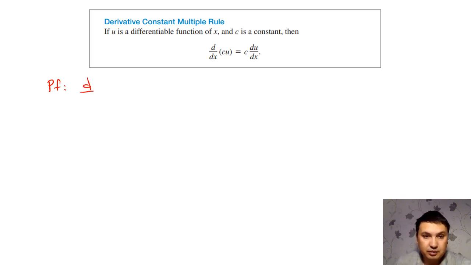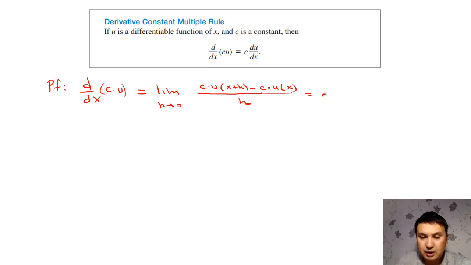So the derivative of c times u, where u is my function here and c is the constant, is by definition, as h goes to 0, c times u of x plus h minus c times u of x, divided by h. And as you can see, I can take out the c, so this becomes c times the limit as h goes to 0, by the property of the limit, right?